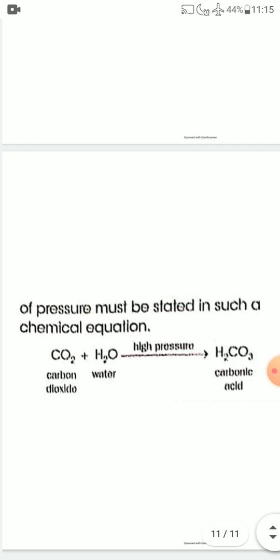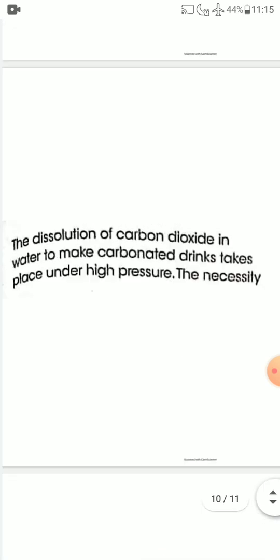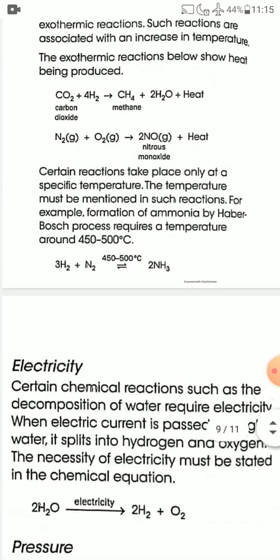So the chemical equation is CO2 plus H2O to give carbonic acid, H2CO3, and this reaction occurs at very high pressure, and you have to mention the pressure, high pressure, just above the arrow. So you have to mention this information in the chemical equation.